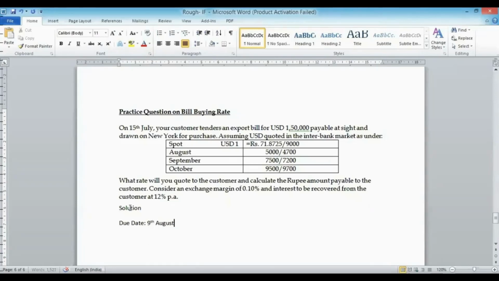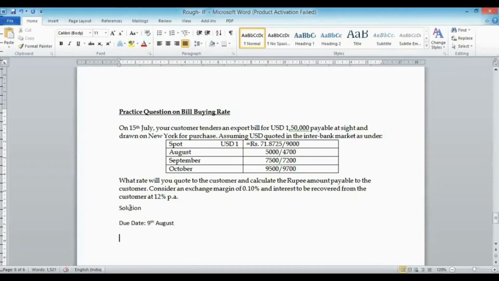Now, first of all, we have to know what rate we have to take up, and that is going to depend on whether it is at premium or discount. Then we can know whether we have to take the rate for the spot July or the rate of August. September and October are not concerned in this problem, although the rates are provided.